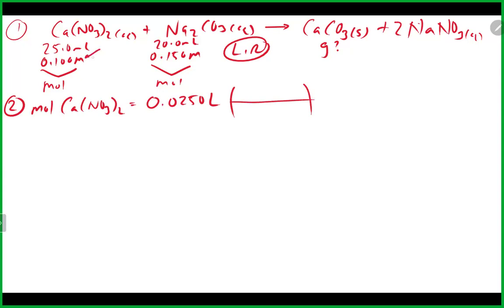And again, we're going to get rid of the big M here, and that means it is 0.1 moles per liter. And again, that is what the big M stands for. When we multiply here, the liters will cancel, and that's going to get us 0.025 times 0.1, 0.0025 moles of calcium nitrate.